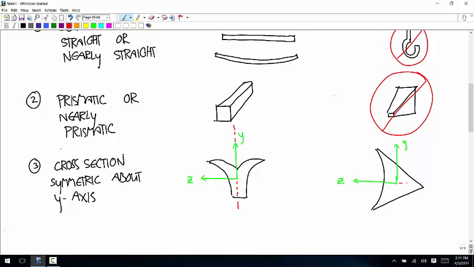The line of symmetry is parallel to the z-axis, not the y-axis, so that's no good. Yes, that's a really good question, but we are always doing our bending about the z-axis. So that's the problem.